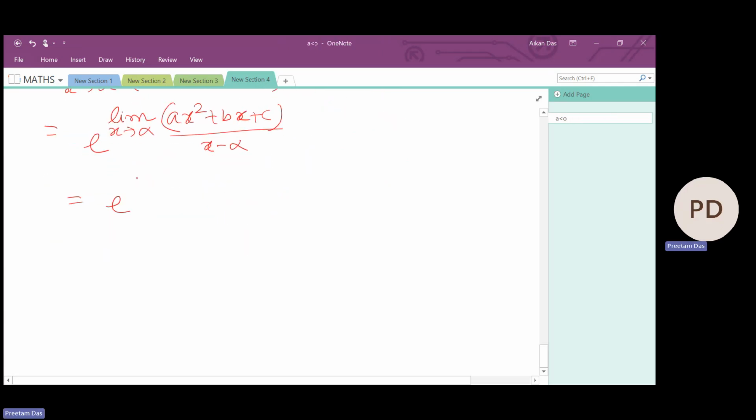So this will be e raised to limit x tends to alpha of a x minus alpha x minus beta, as discussed earlier, divided by x minus alpha. So e raised to a times alpha minus beta. Which one is the correct option? Option C.